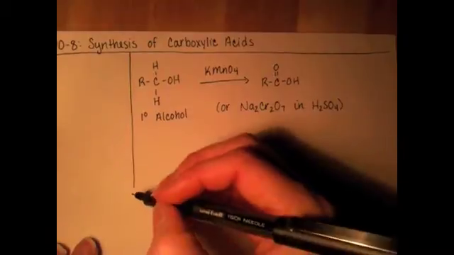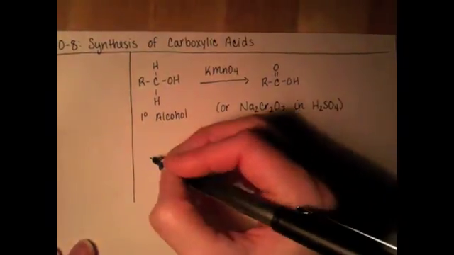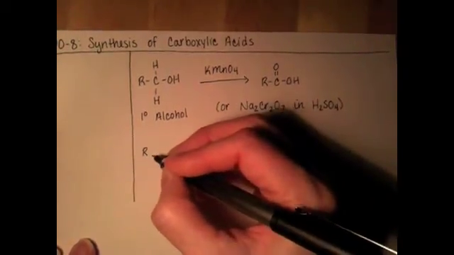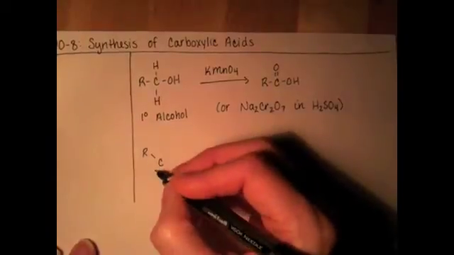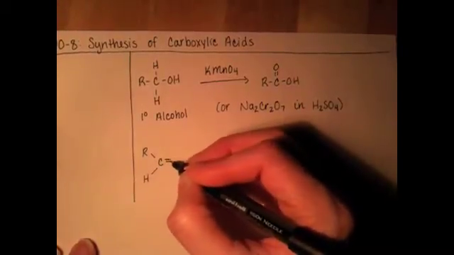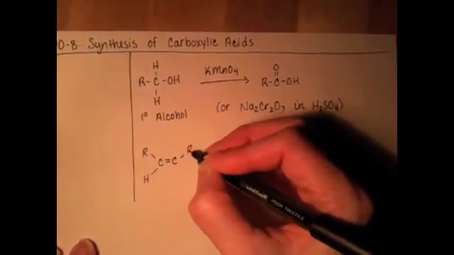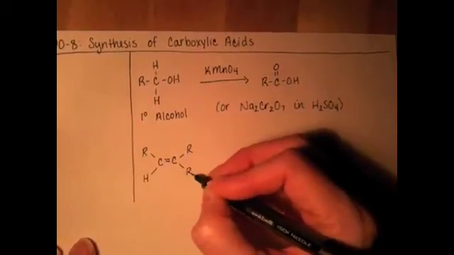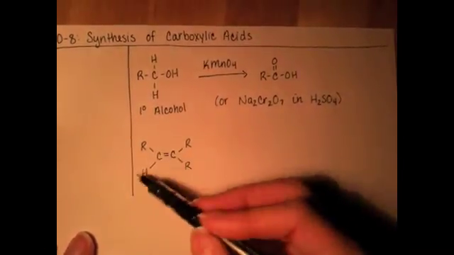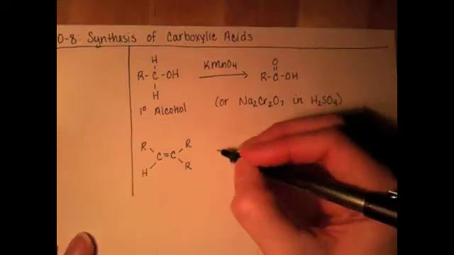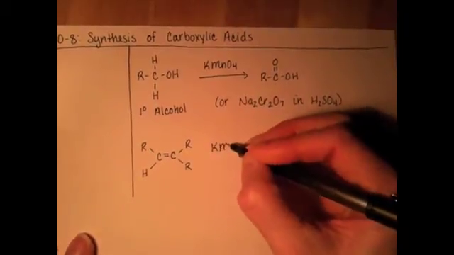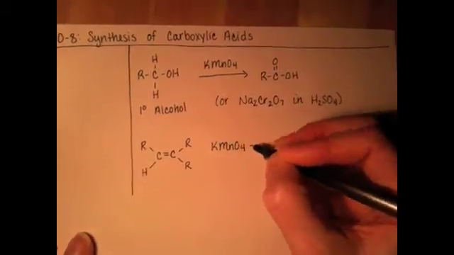Another synthesis that we learned was oxidative cleavage of an alkene. Depending on what kind of alkyl groups you have on an alkene, you can cleave them with concentrated potassium permanganate.